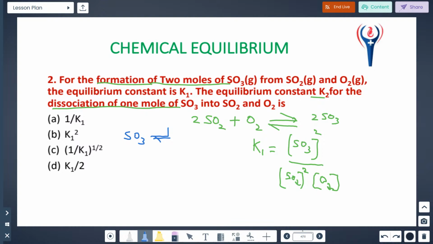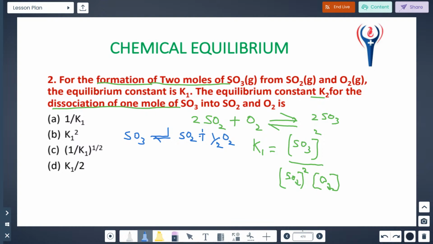It becomes SO2 plus half O2. They mentioned 1 mole, so we should not put any number here. So SO3 is split into SO2 plus half mole of O2.